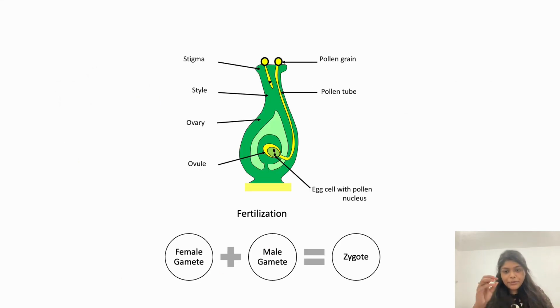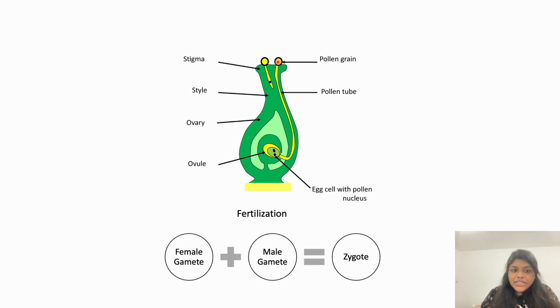Now, what happens when the pollen grain sits on the stigma? The pollen grain contains the male gametes. When the pollen grain lands on a suitable stigma, it starts germinating the pollen tube. The pollen tube reaches the ovule.